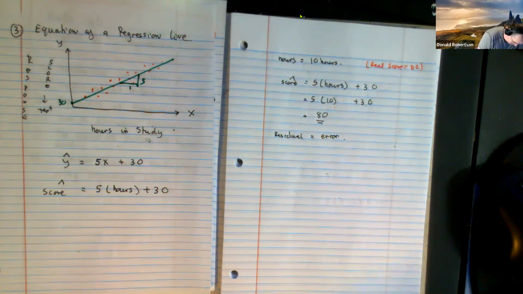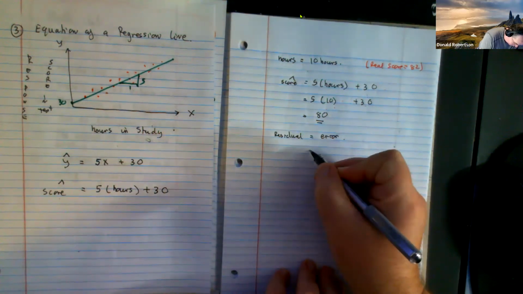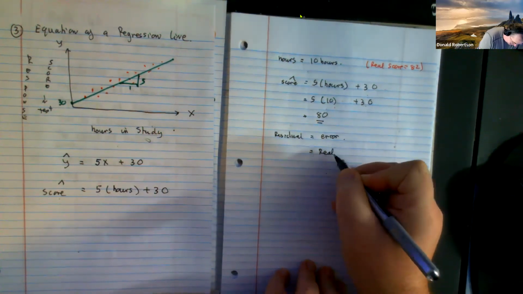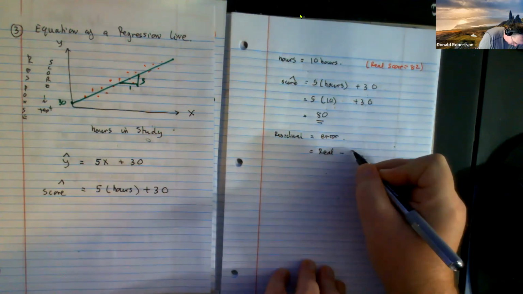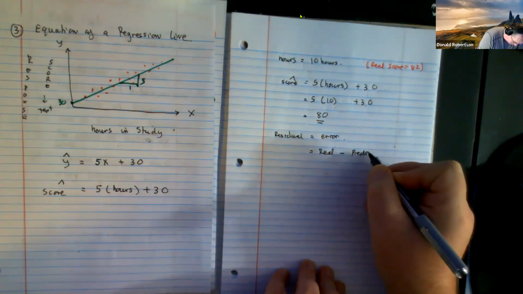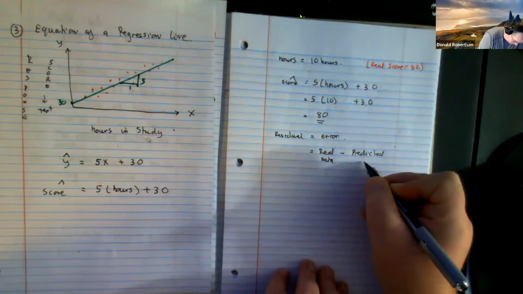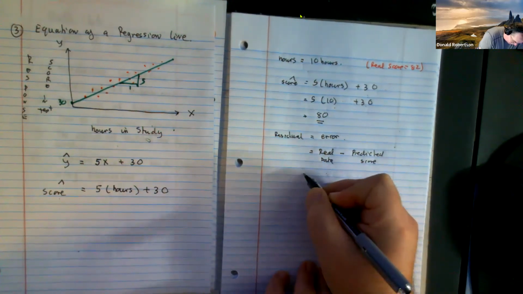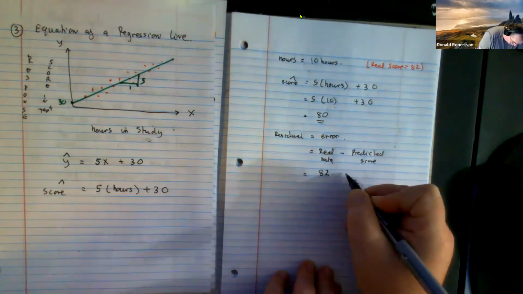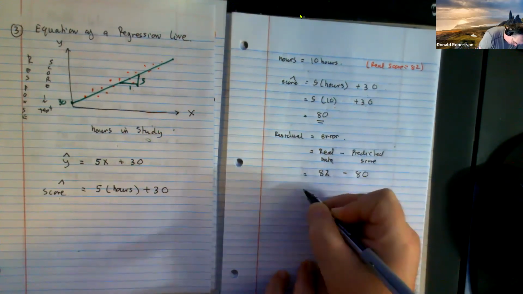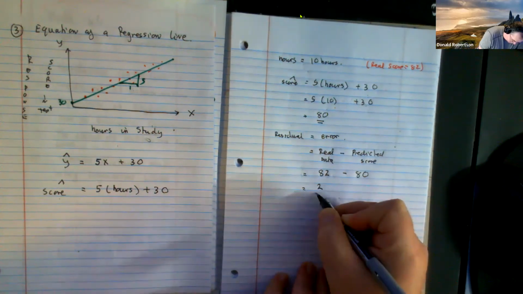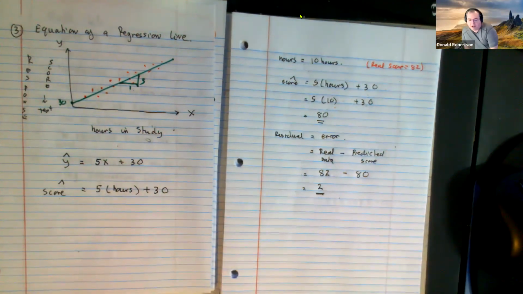And the residual, the error, is found by taking the real data and subtracting what the predicted answer was. Well, in this case, they really did get 82, and we predicted 80. And so 2 would be the residual. Are you comfortable about how you would calculate residuals if someone told you what the real score for that particular one student was?